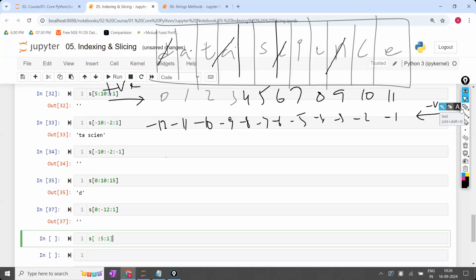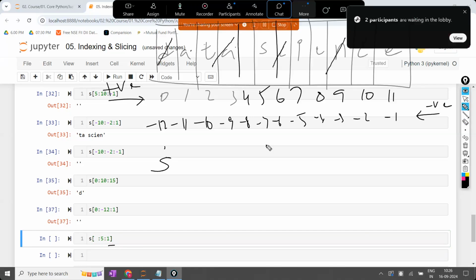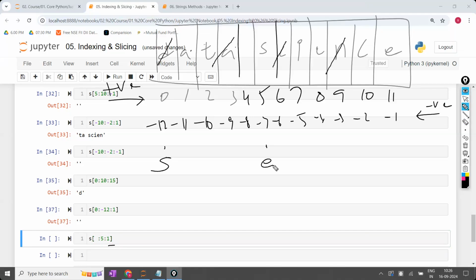Don't fix it every time as 0 only. It is the starting point of the direction. For the positive direction, what is the starting point? This one is the starting point, because here plus 1 is there. The starting point is going to be 0. And what is this one? Ending point. And the direction is this. Now tell me what answer you are going to get?